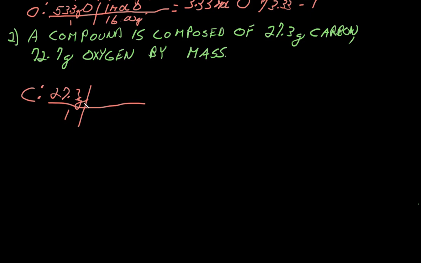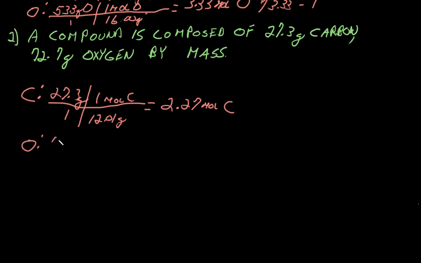And we know 1 mole of carbon is 12.01 grams per mole. So we do the math here, and 27.3 divided by 12.01 is 2.27 moles of carbon.